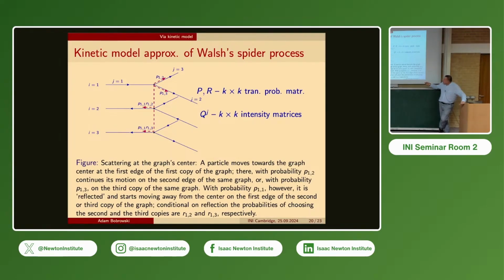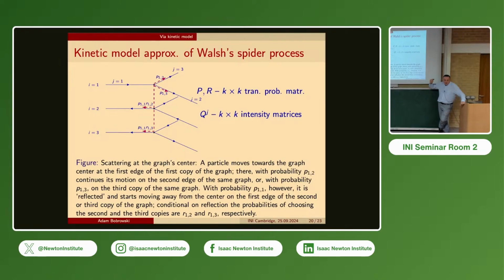Suppose I'm on the upper copy and I approach 0 on this edge. Then I have a matrix P of probabilities of going to different edges. P includes a term that tells me that sometimes I will not continue my motion on this copy, but will go to the other copy.